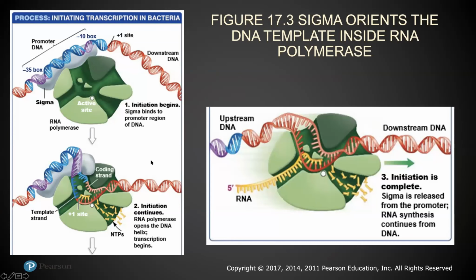Okay, so if we look over here on the left, we see our sigma molecule bound, and we see here our RNA polymerase enzyme. And you can see it's got these multiple points of entry into this actual enzyme.